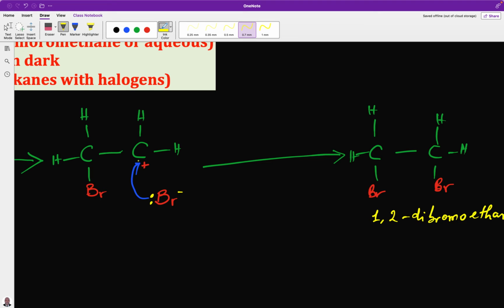As carbon is accepting this pair of electrons, remember we said electrophiles are electron pair acceptors. So now when they accept this pair of electrons, a new covalent bond is formed between the carbon and the bromine. And the resultant product will be what? 1,2-dibromoethane.